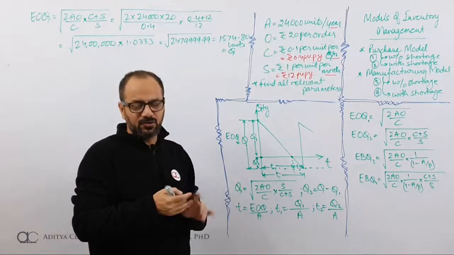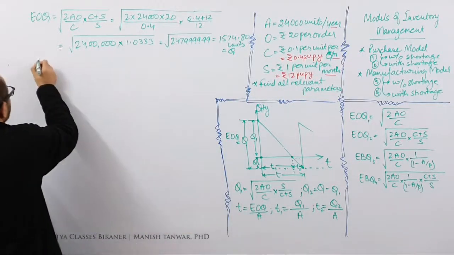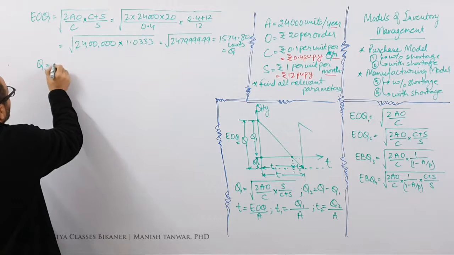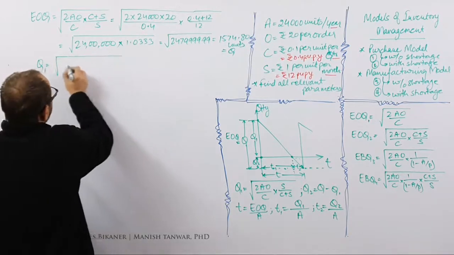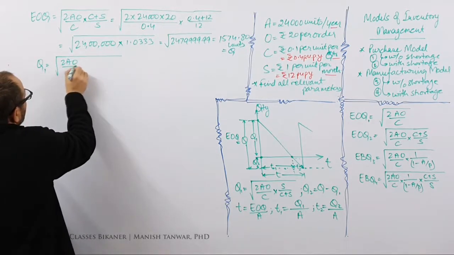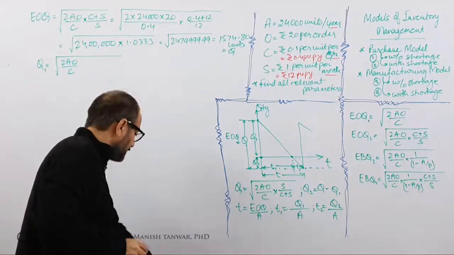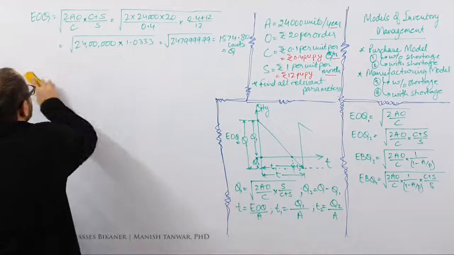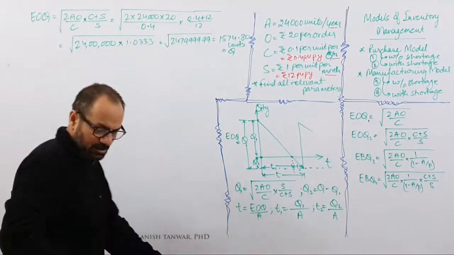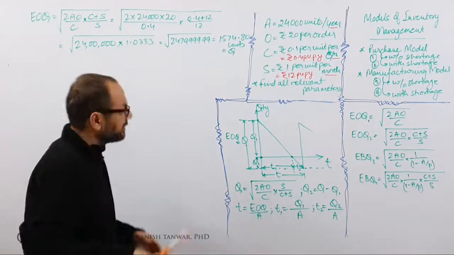So I have my EOQ and Q. Let me go for Q1. What is the formula for Q1? It is 2AO upon C. Let us make use of some other color because these will be long calculations.